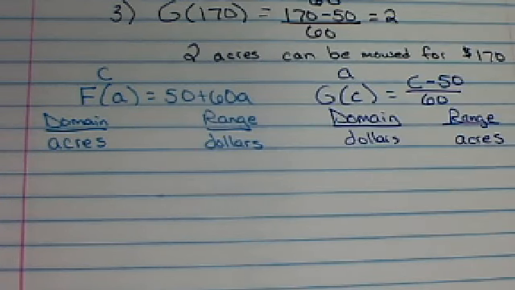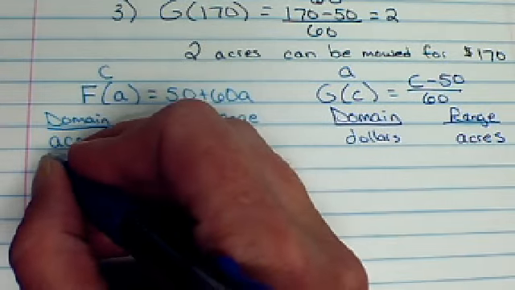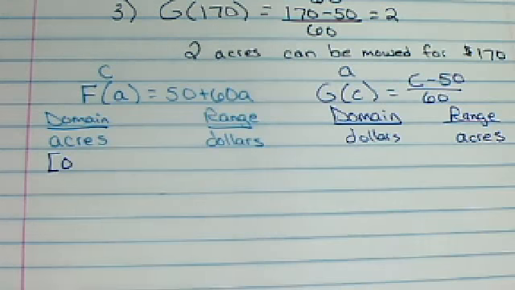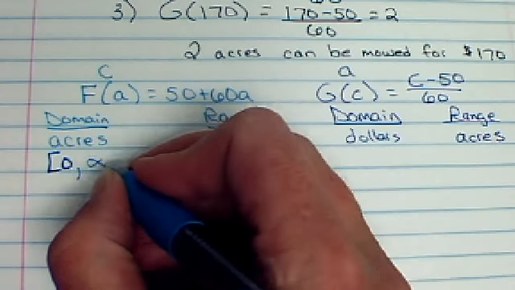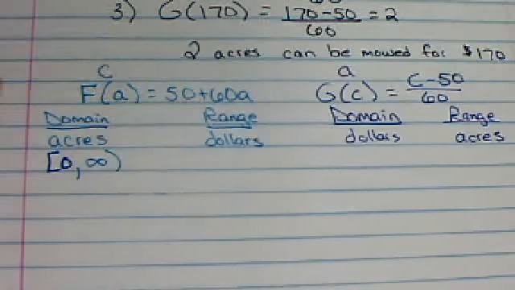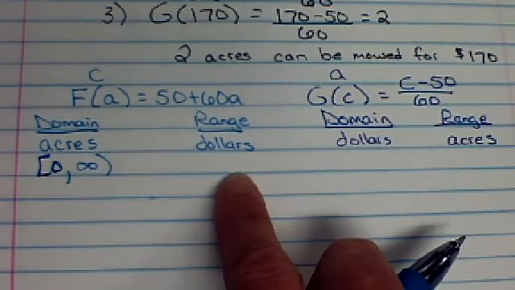What's the domain on the first one? How many acres can I mow? And let's practice doing it in interval notation. Well, I could start with 0. You could have no acres at all. 0 to infinity. We probably really couldn't do infinite acres, but that's okay. We're just going to go with it. What's the range?